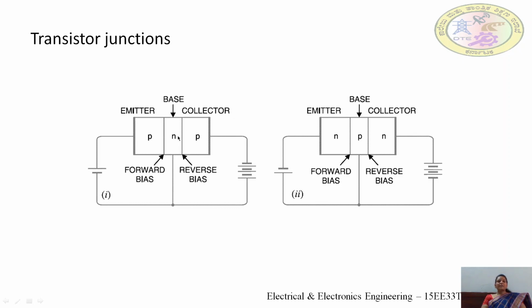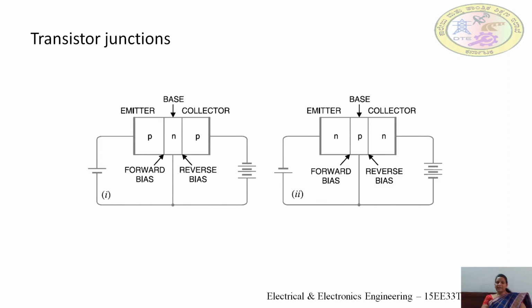So the transistor operation can be thought of as a signal transferred from a low resistance circuit to a high resistance circuit. A transistor transfers signal from a circuit of lower resistance to a circuit of higher resistance.